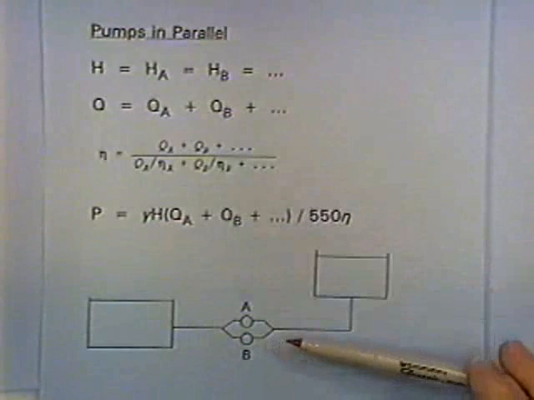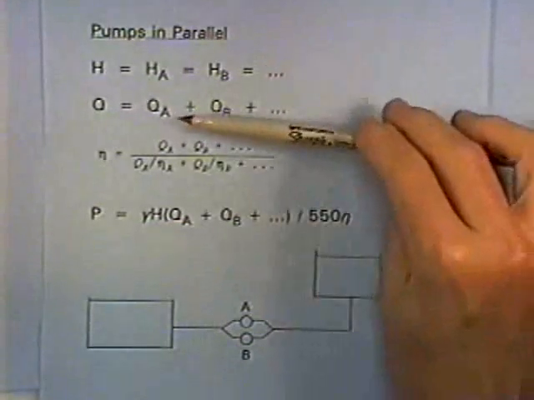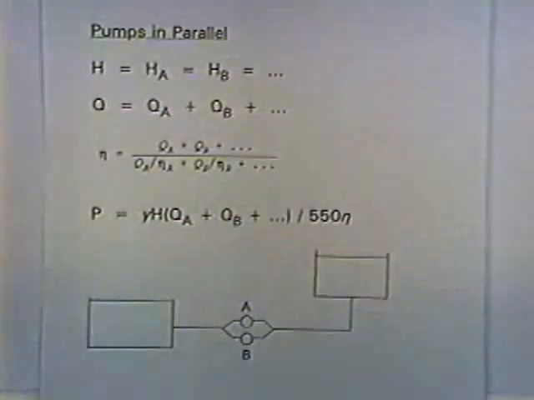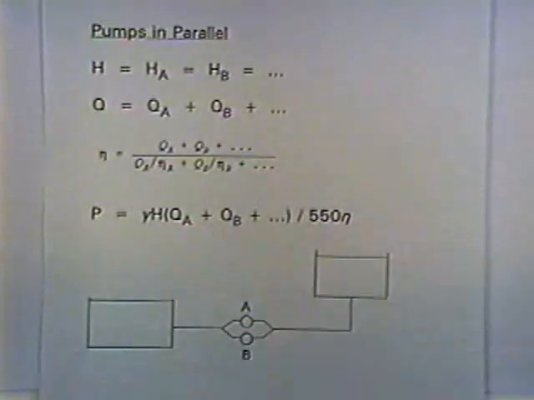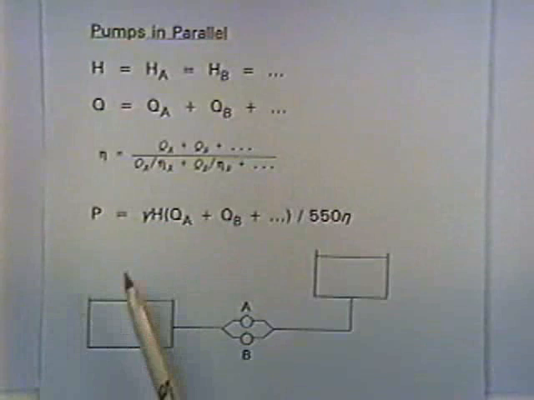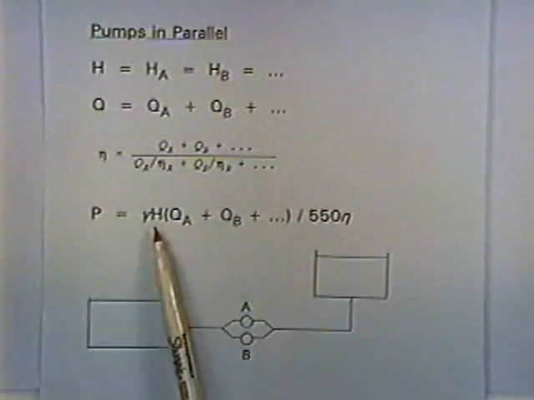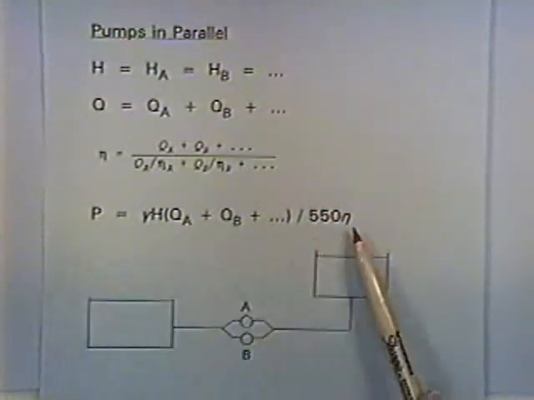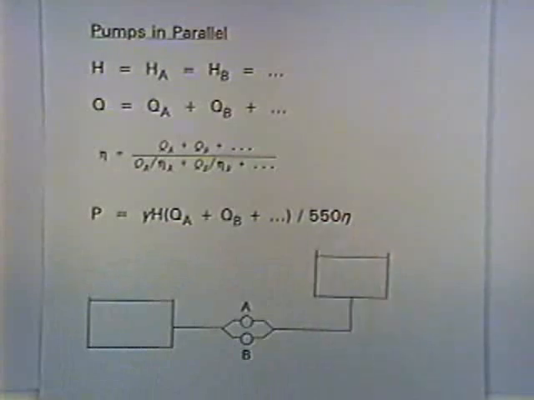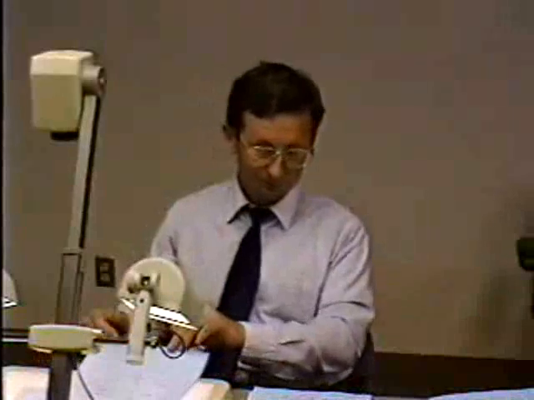Now the total flow being pumped by the pumps would be the addition of the flow in pump A plus the flow in pump B. And then you could get the efficiency of the two pumps combined, and the power equation is gamma HQ, and so this time it's only one H, but you're adding the Q's together for the power. And this is brake horsepower, so we divide by the efficiency and the conversion of foot-pounds per second to horsepower.